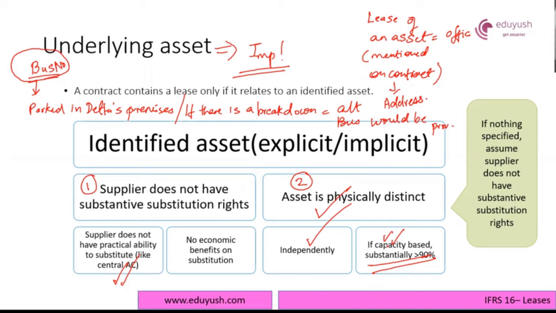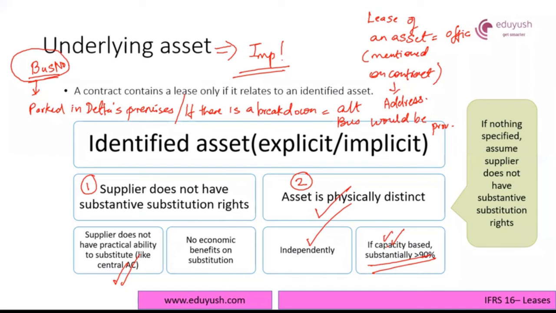He should get at least 90% of the outflow from the plant. Then the standard says it is considered to be physically distinct. But if he's getting 10%, 20%, 30%, you cannot consider that kind of asset to be a lease asset where it's an underlying asset. If it is 10% only, it means he does not have substantive control over that asset. That is the reason. 90% means it will be substantive.